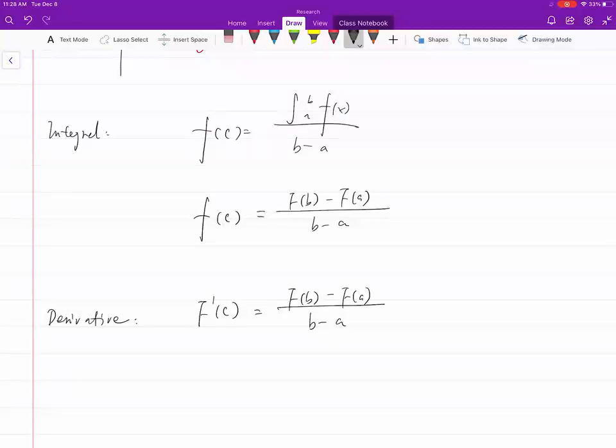Now, can you see they are talking about the same thing? Because f prime c is just fc. Sounds good? So what you have here is nothing new. It's actually something old, but represented in a totally different way.